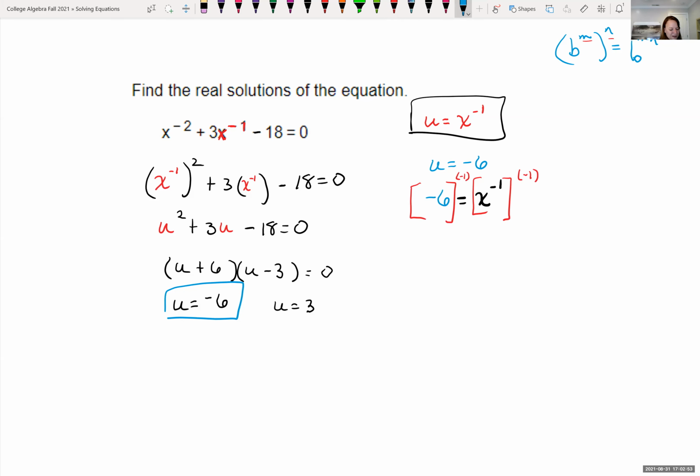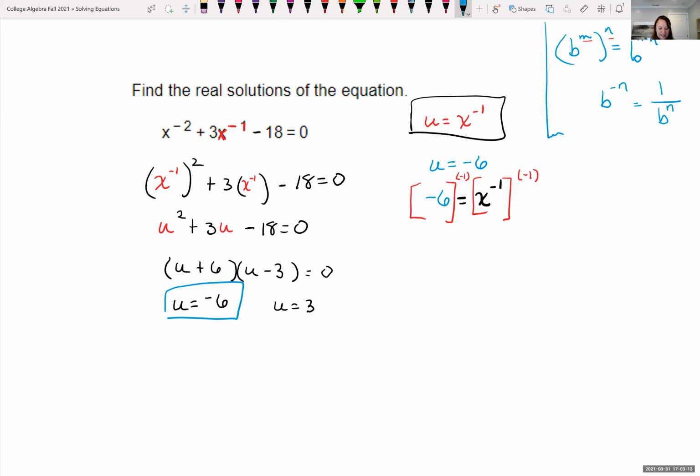Again, rules of exponents. Exponents are something that we use a lot in mathematics. If you have, let's say, b raised to a negative exponent, negative n, we make that positive by putting it underneath 1. So 1 over b to the n.